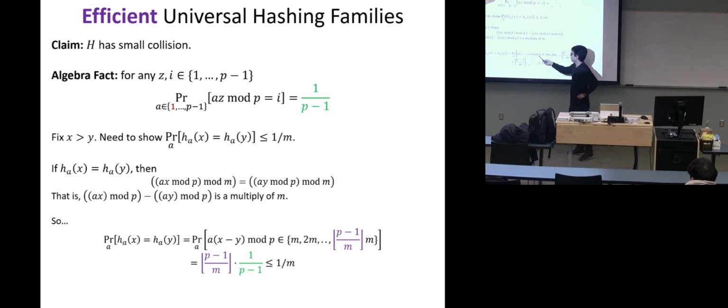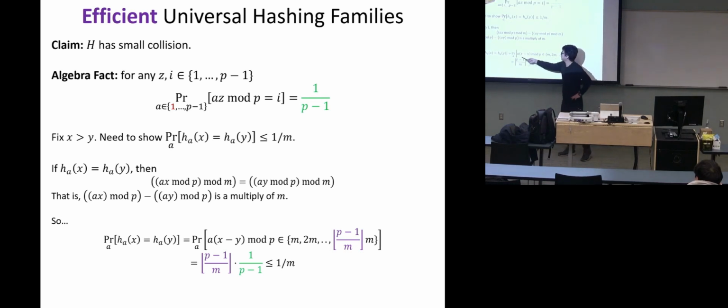It cannot be 0 because x and y are different. So if it is a multiple of m, it must be non-zero: the first is m, then 2m, up to something that is still a multiple of m but less than p.